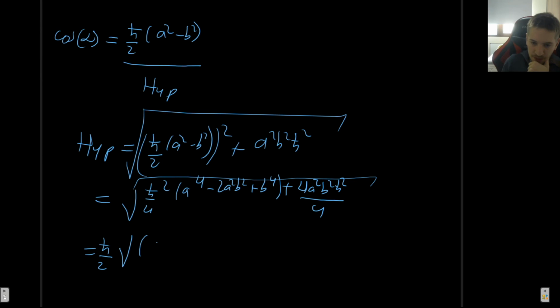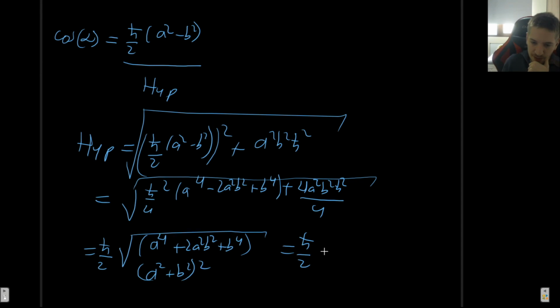So we get a⁴ plus 2a²b² plus b⁴. But this is simply (a² + b²) squared. So when we take its square root, we are going to be left with ħ/2 (a² + b²). And what is a² + b²?